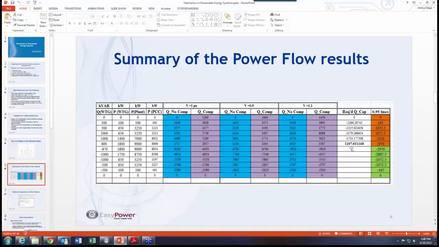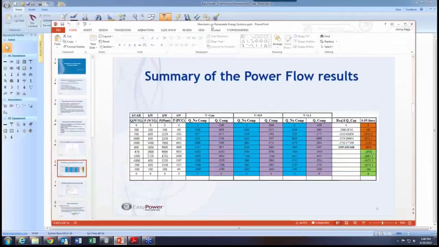It's blank, which means that we meet the requirement. When the plant starts absorbing reactive power, we have no deficiency, but when the plant generates reactive power, there is a deficiency there. That's a cap bank of 1207.63 kVAr, in fact.